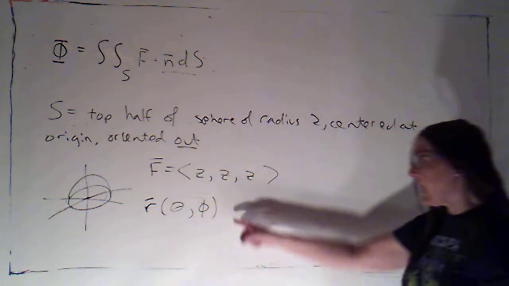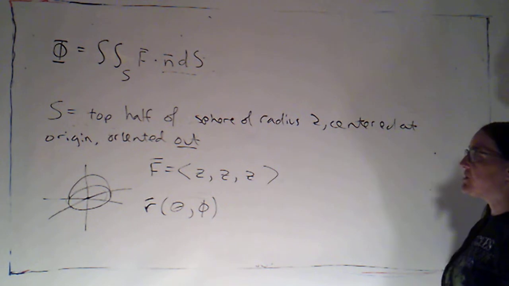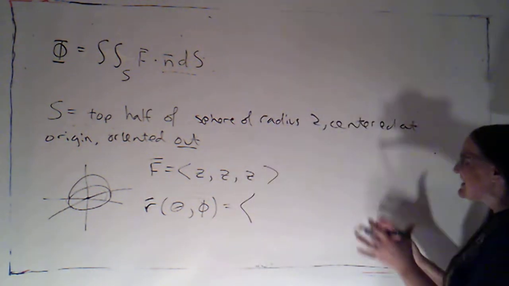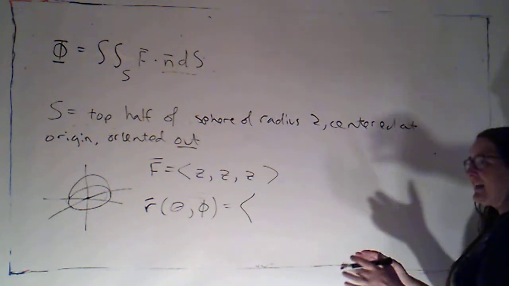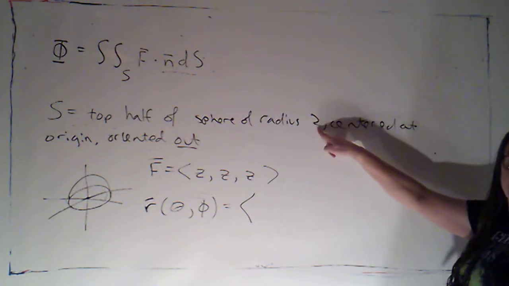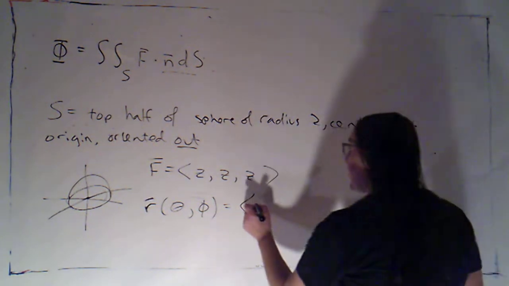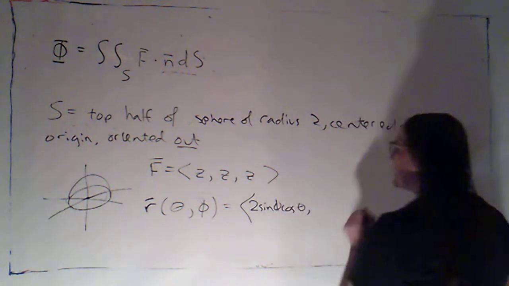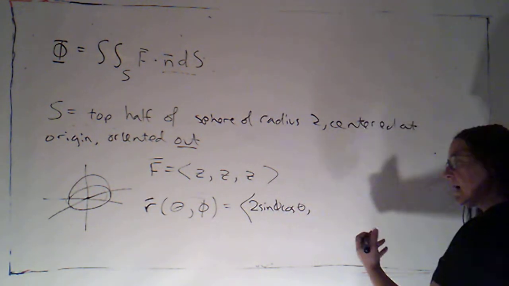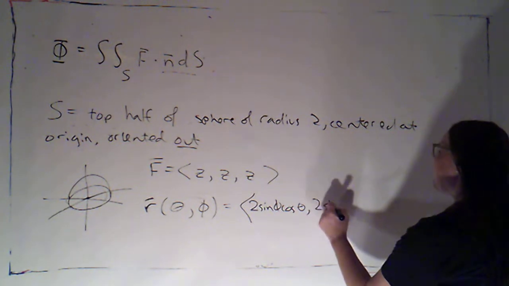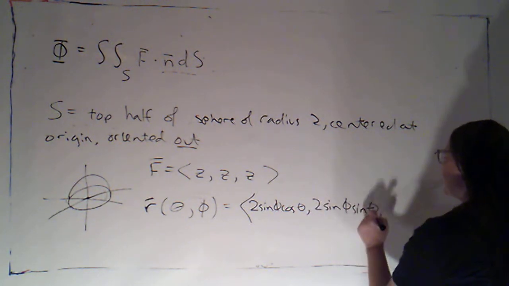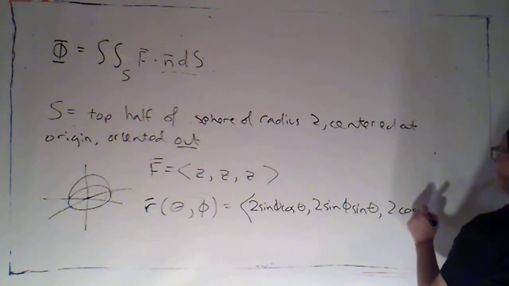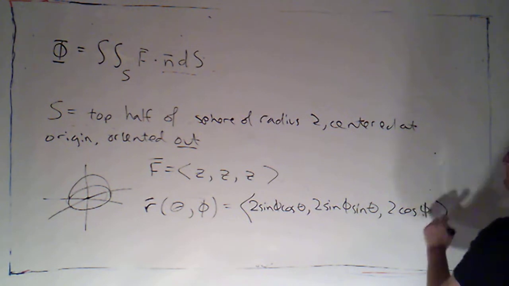So with a sphere, I'm going to almost always parameterize in terms of spherical coordinates. Okay. So remember, on a regular basis, x is rho sine phi cosine theta. Rho is now held constant at 2. So x becomes 2 sine phi cosine theta. Y would be rho sine phi sine theta, so that becomes 2 sine phi sine theta. And z is rho cosine phi, so that becomes 2 cosine phi.